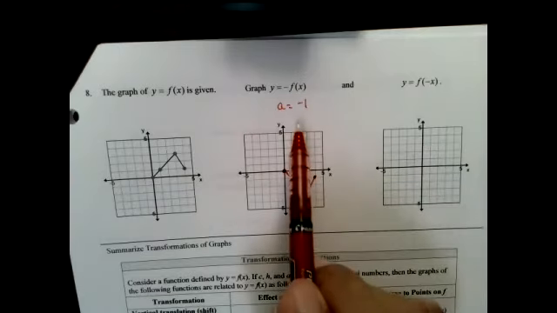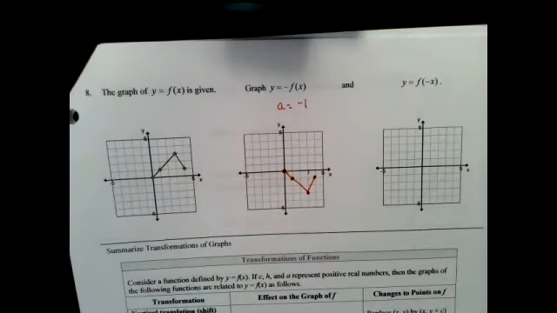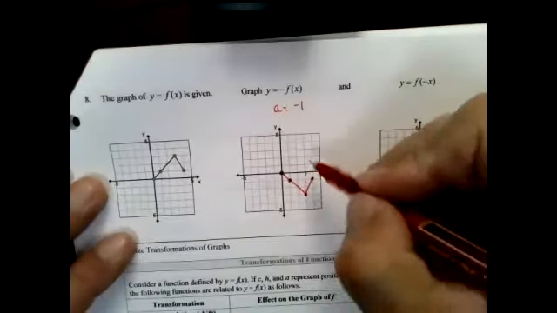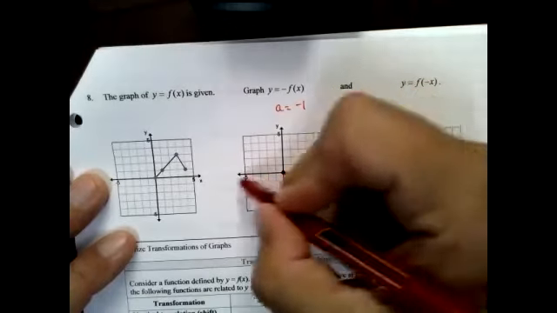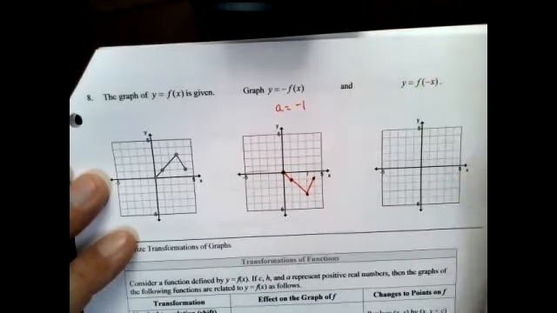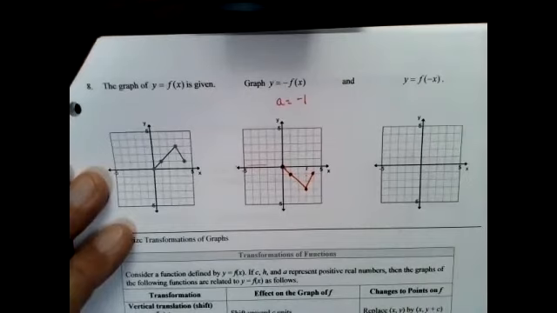When I have a negative as part of my amplitude, it becomes flipped. It's flipped over the x-axis. I don't know how you want to write that, but it's flipped over the x-axis.